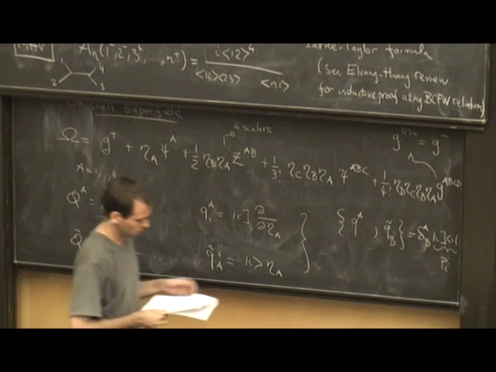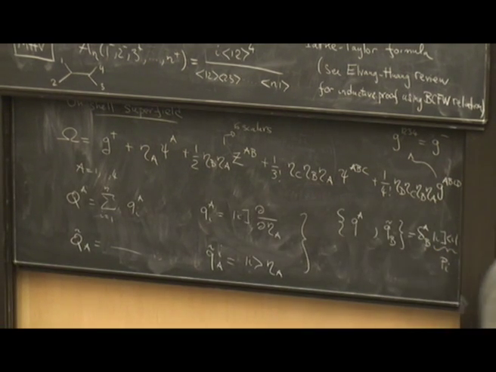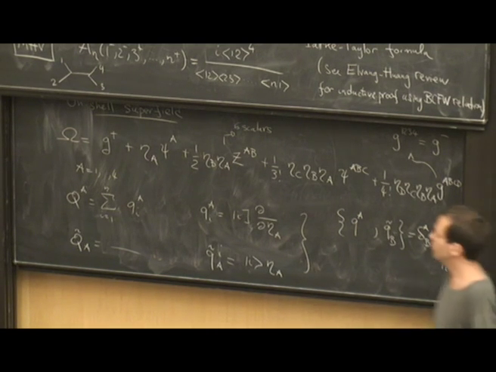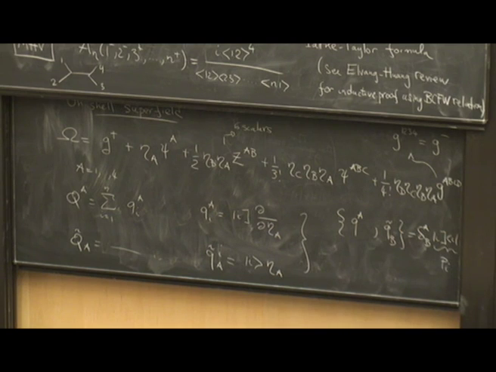Okay? So this is nothing else than writing down on a single line in a single object some things that we know from the very beginning. Okay? So what is nice about it is that we can immediately see, for instance, that the all plus amplitude should vanish.